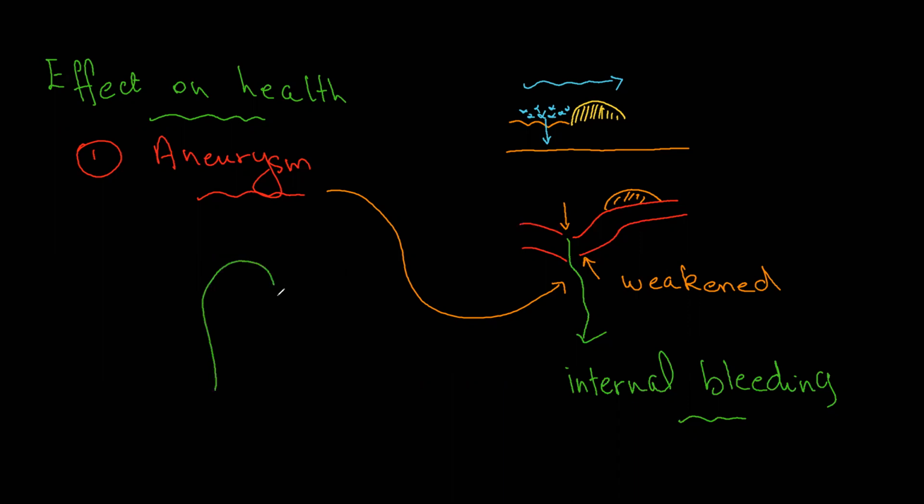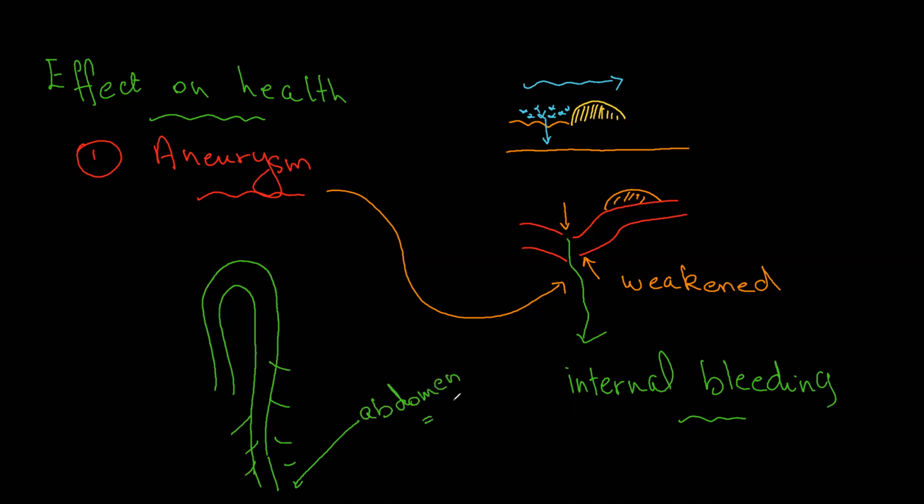It takes an arch like this, and then it moves behind the heart, the back of the abdomen, or the back of the body, and it supplies every part of the body, of course. And at the part where the aorta is moving in the abdominal area, this is the most part of the aorta that is affected by aneurysm.